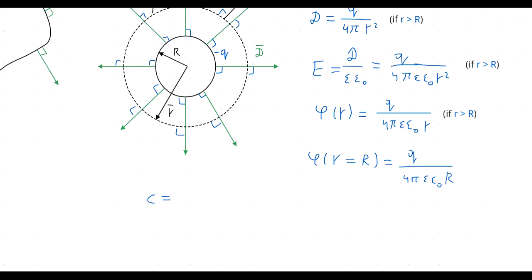And of course, capacitance will be Q divided by phi. The capacitance of a conductive ball will be Q divided by phi, which is 4 pi epsilon 0 R. Okay, do you have any questions about this? No questions.